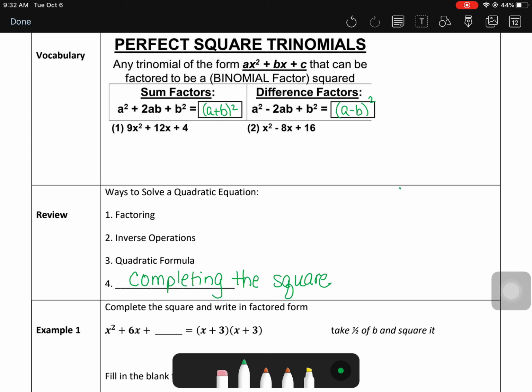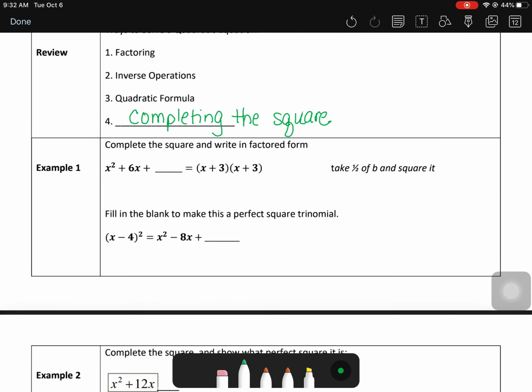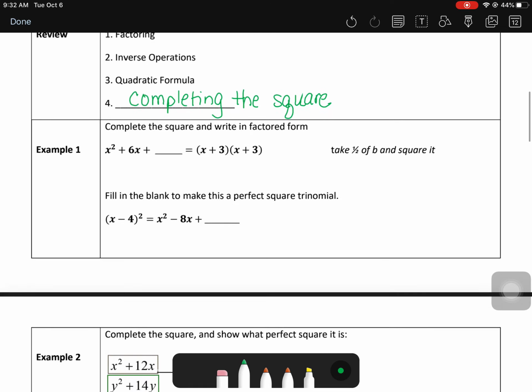In other words, the exact same factor twice. So in this example, 3x plus 2 or x minus 4, it would be two of them, and when we write it twice, then we could simplify it to be squared. So our job is to be able to complete the square and then write it in factored form.